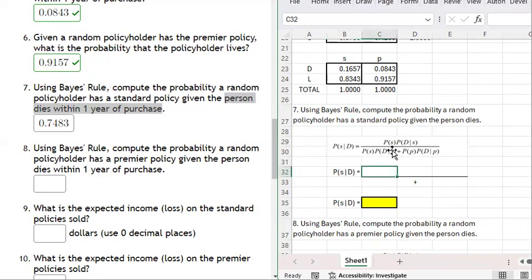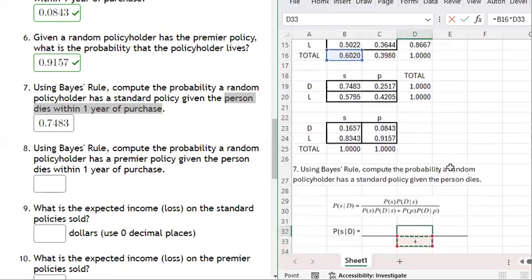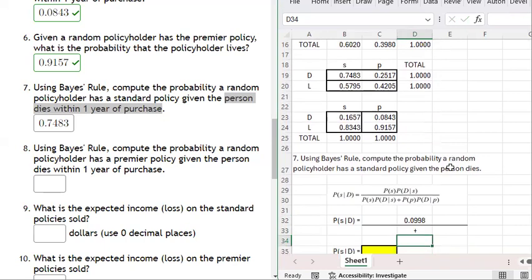So we have to multiply the probability of a standard policy, which is a given number, it was given to us, by the probability of D given S, which was given as well, 0.1657.